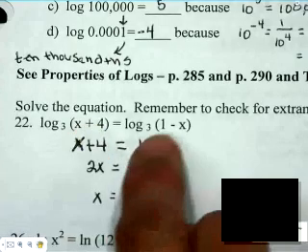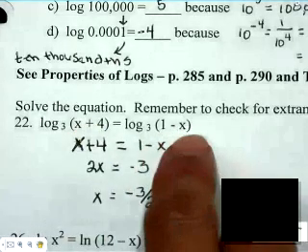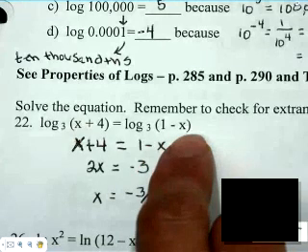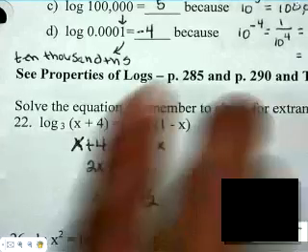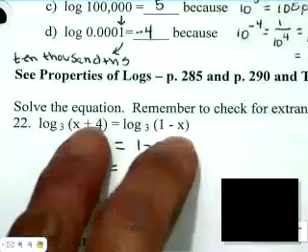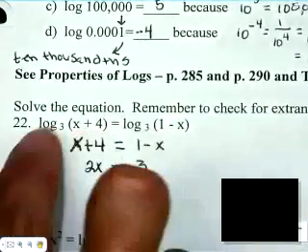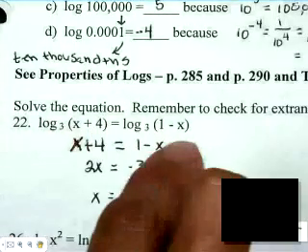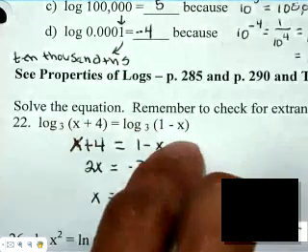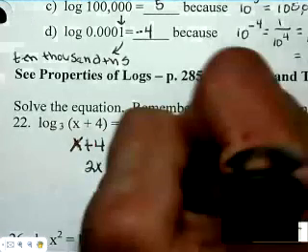And what's 1 minus -1.5? That's also 2.5. So both of those arguments end up being 2.5. You end up with log base 3 of 2.5 equals log base 3 of 2.5, and certainly that's a true statement. So x equals -1.5 is the solution.